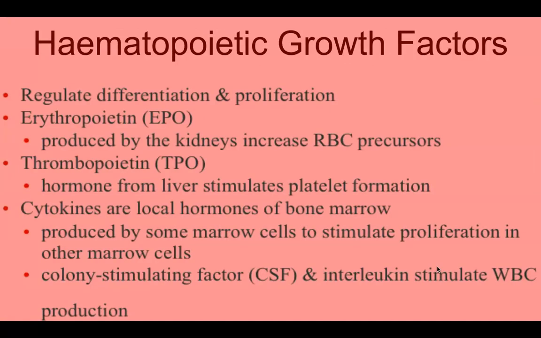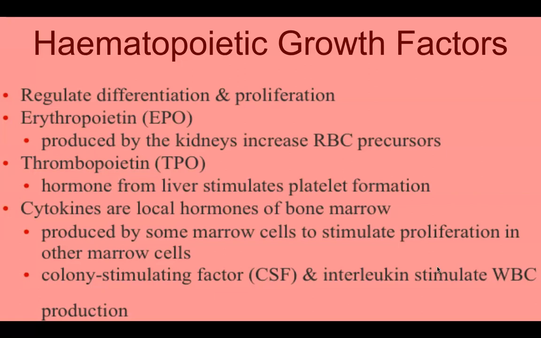Erythropoietin, EPO, is produced by the kidneys and increases RBC precursors. Thrombopoietin, TPO, is a hormone secreted by the liver. This will stimulate platelet formation.